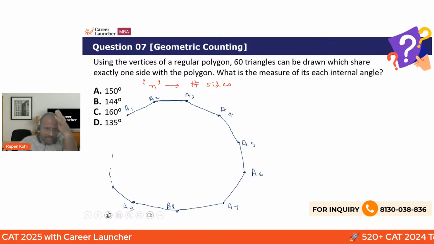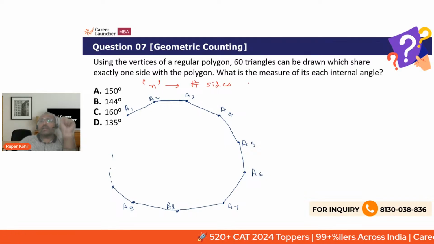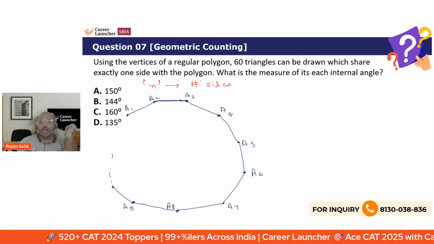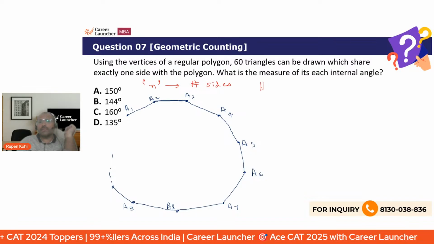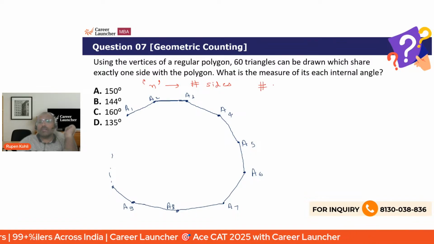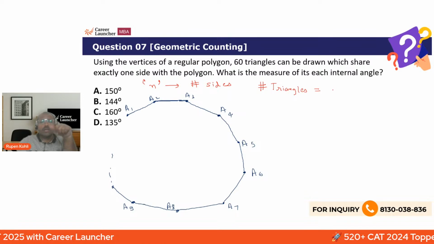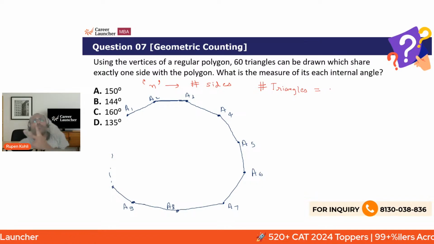Now what I'm saying next is, the way that such a triangle can be obtained is, first select a side which is common. How many triangles can be obtained having exactly one side common? The number of such triangles is, so it's a two-step process, right?